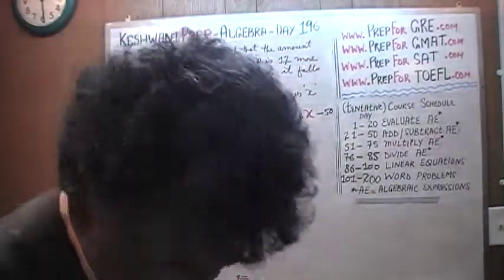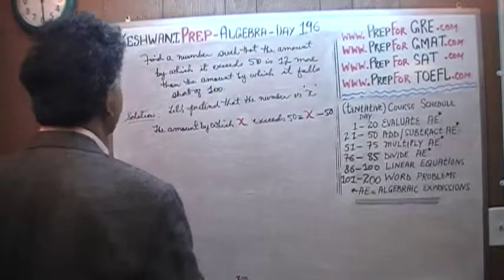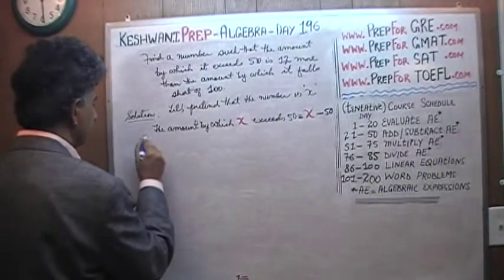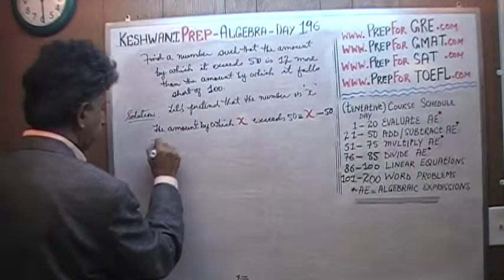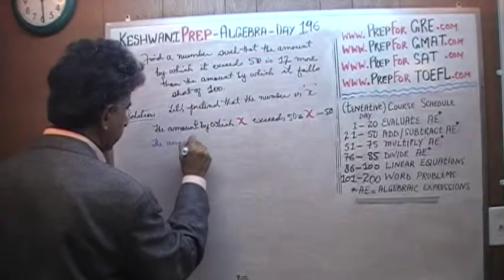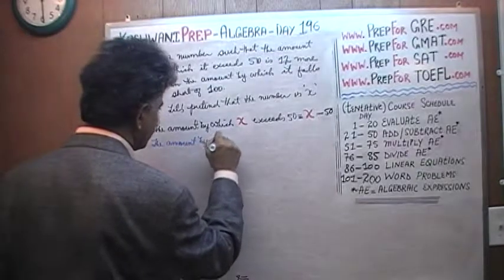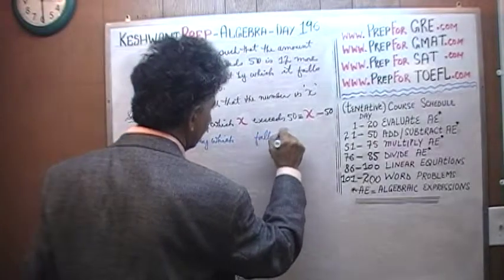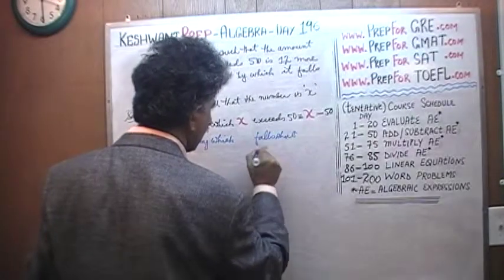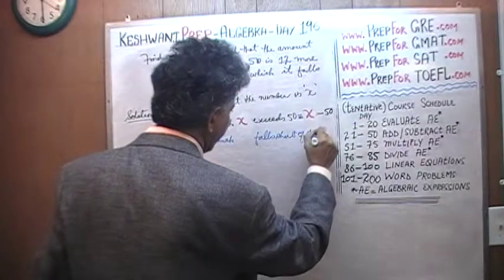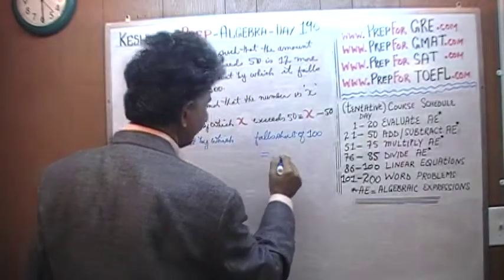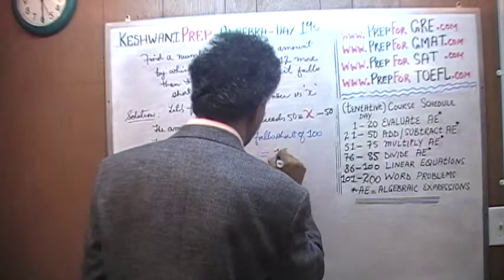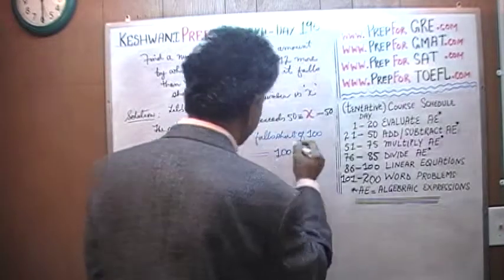Let's do the next one. The amount by which x falls short of 100 equals 100 minus whatever that number is.